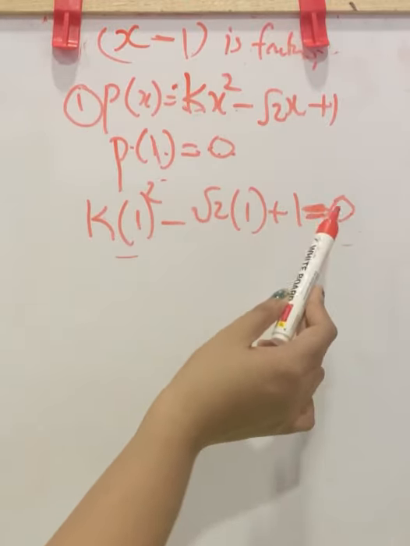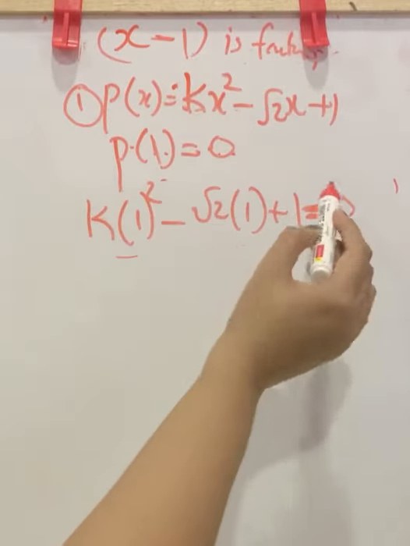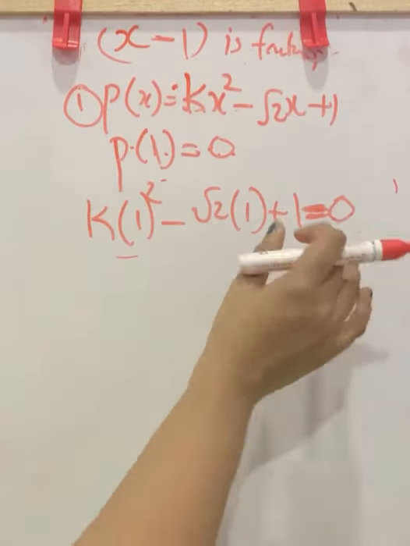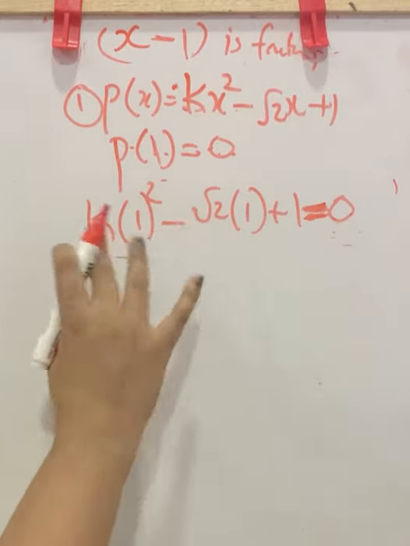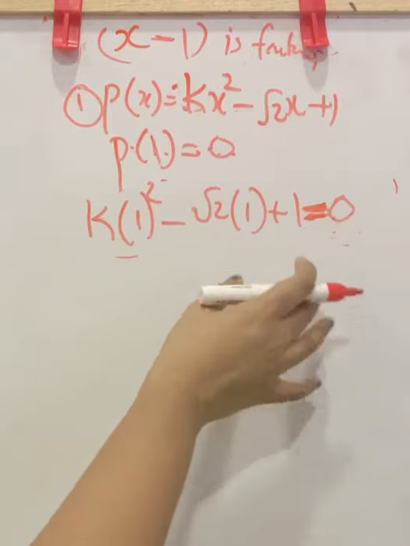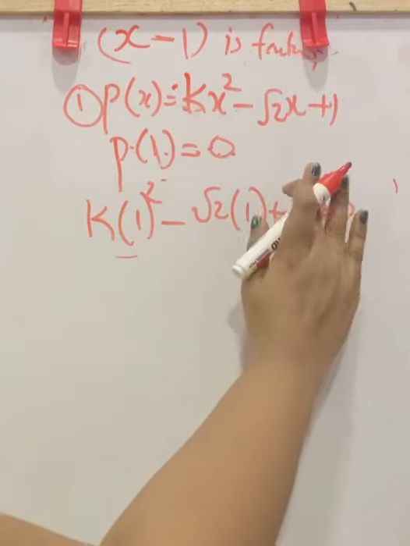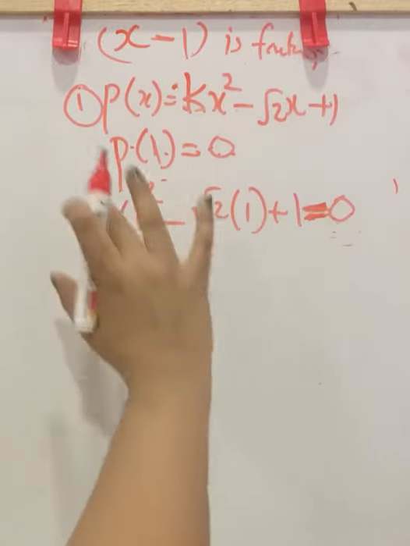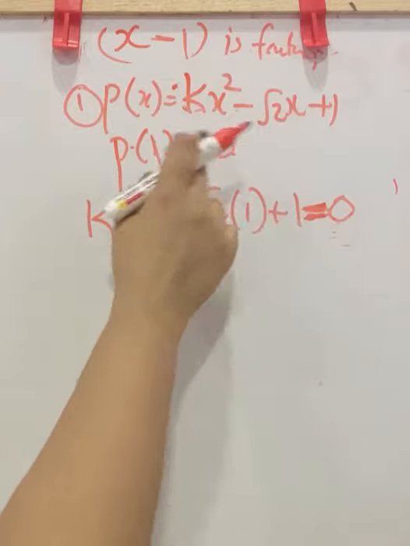After writing equal to 0 only, you can take all the other terms to RHS. There must be a LHS and RHS. For that we need an equal. Then you can keep k on LHS and take all the other values to RHS. You will get the value of k. If you are not writing equal to 0, then how will you take all the others to RHS? So remember to write equal to 0 from this.